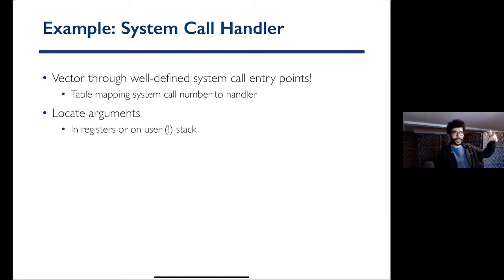We can go and fetch whatever input user has given us. Some of it could actually be in registers, right? So it's either in registers, let's say if it is a single number, or they might be stored on the stack.